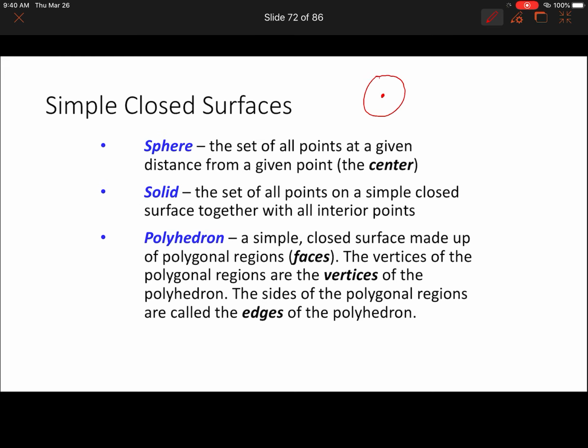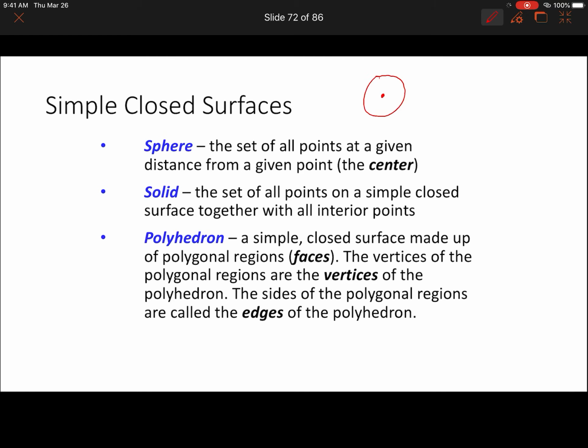Now, the next word is what we call a solid. And this is the set of all points on a simple closed surface together with all the interior points. So when we talk about the surface, it's the outer container, right? The can of vegetables or whatever that you might buy at Walmart.